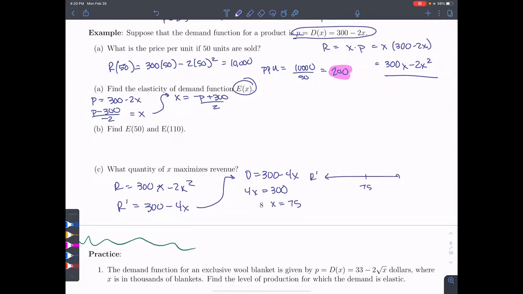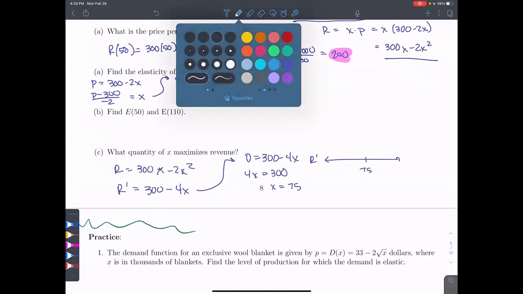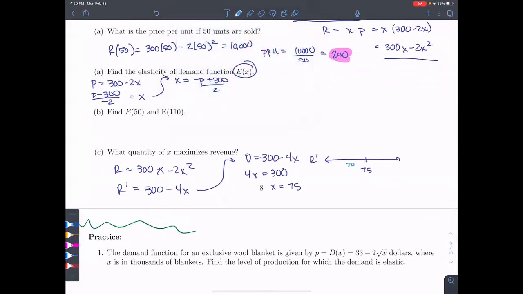And then you would be looking at some test values. This would be an R prime number line. Test, I don't know, 70 and 80 into R prime. So 300 minus 4 times 70 is 20.